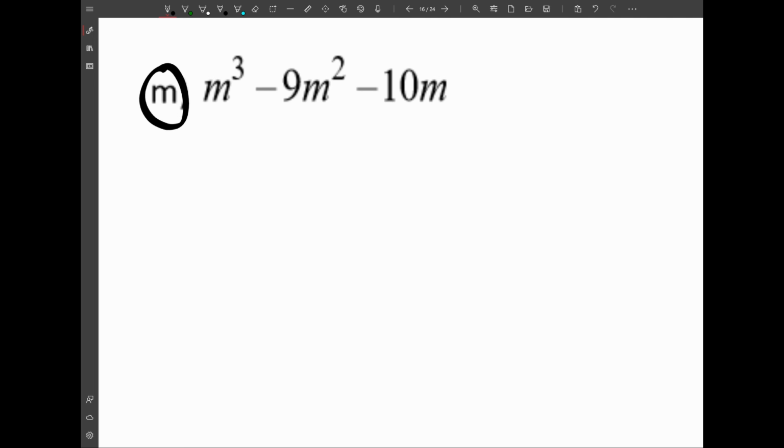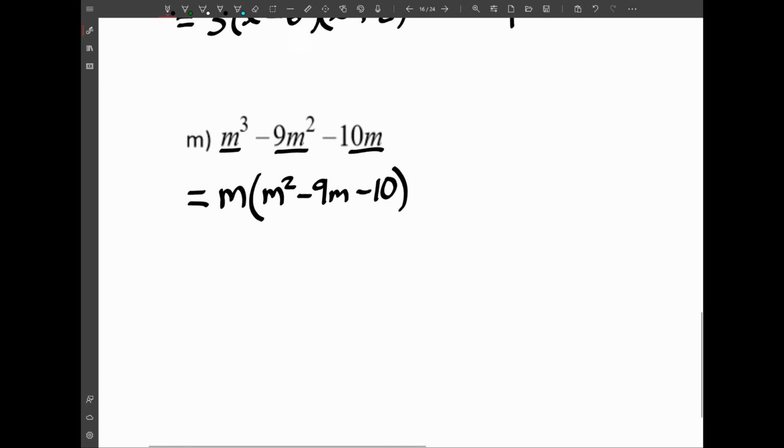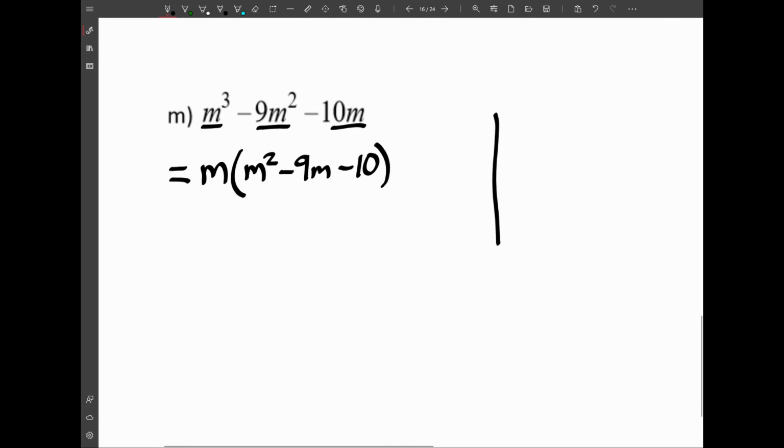I don't know why we're suddenly at question M, but we're at question M now. Now I look through, are there any common factors? Well, yeah, there's an m common in this one. So I'm left with m squared minus 9m minus 10, which is a lot nicer because that looks like the form we're used to. We haven't done m to the 3 or whatever for our factoring.